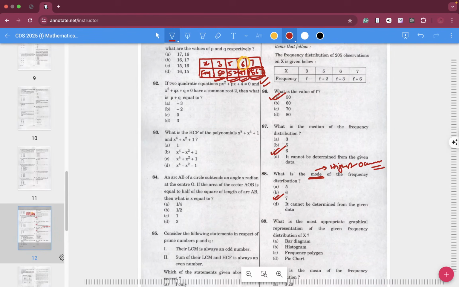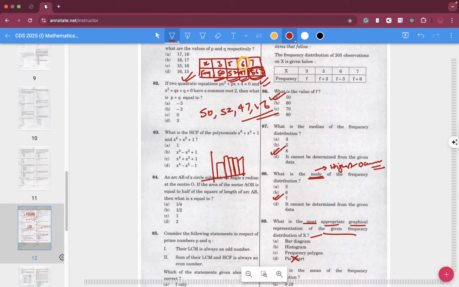Now they are asking what is the most appropriate graphical representation of the given frequency distribution. Obviously you won't use a pie chart over here. And for a bar diagram, you see that all of the frequencies are 50, 52, 47 and 56, so the bars will look extremely close.